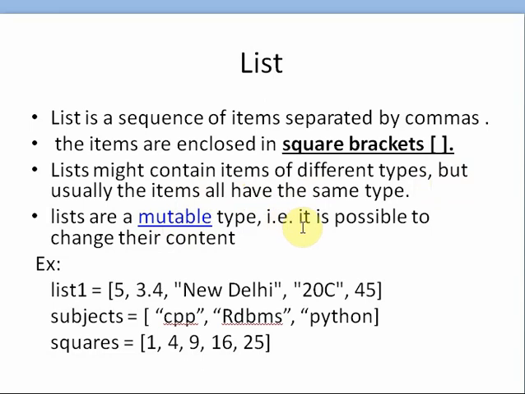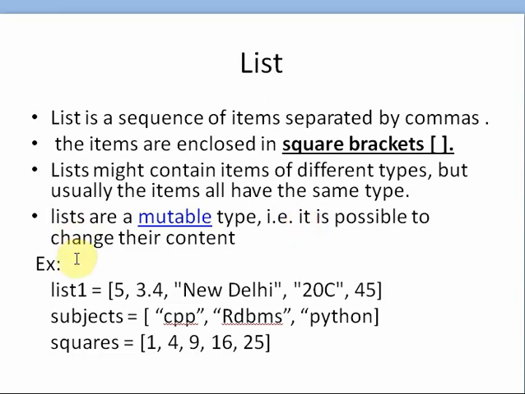Mutable type means you can change the contents of the list if you want. And immutable data type means once you stored a value in a variable, you cannot change it. So, string is a data type which is immutable. You cannot change the contents of that variable. But list is a mutable type, that is, you can change the contents of the list.